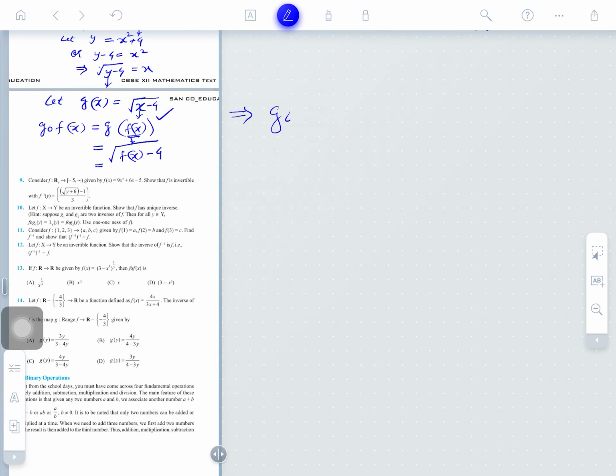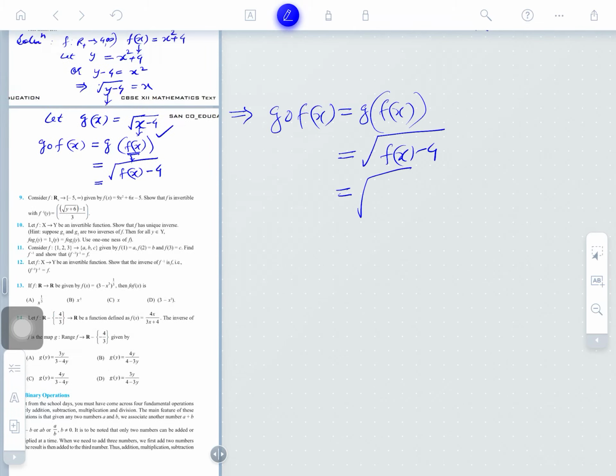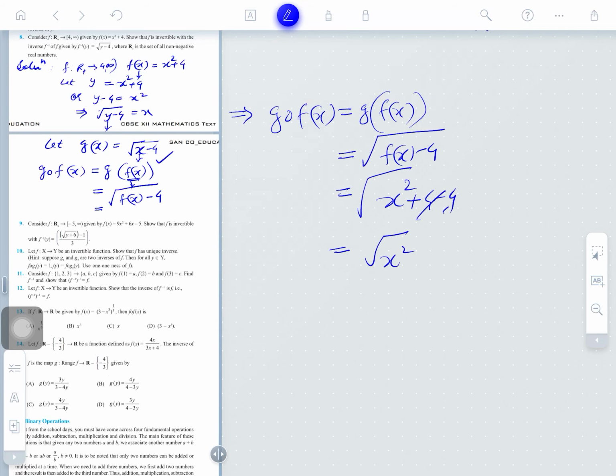So GOF of x we are finding, under root, g of f of x, here we write f of x minus 4, and in the place of f of x, this x square plus 4, minus 4 is equal to, it shall be x square because it cancels, and it shall be x that is coming.